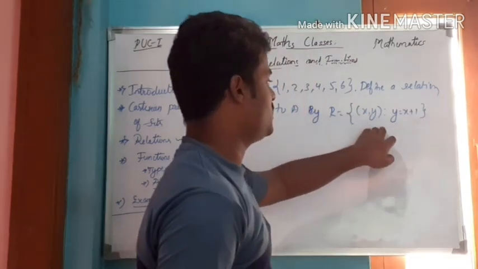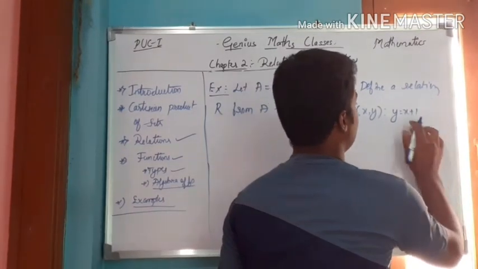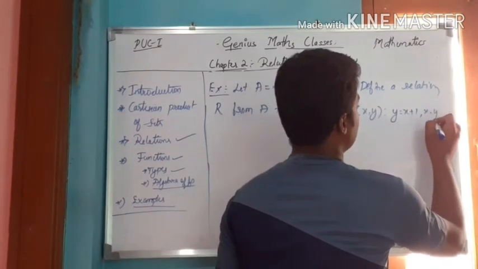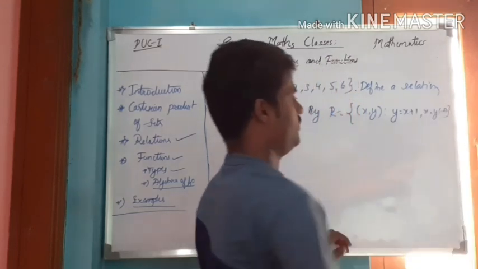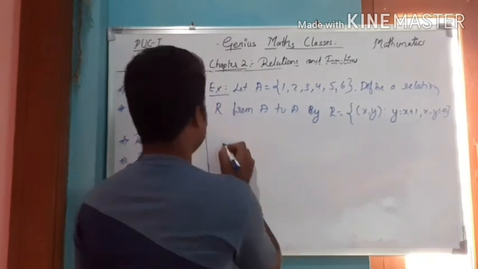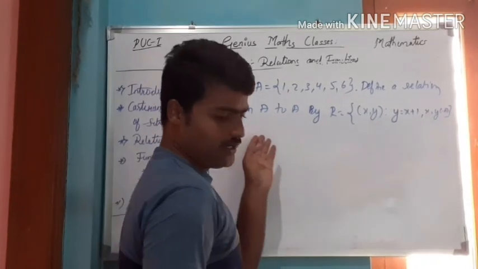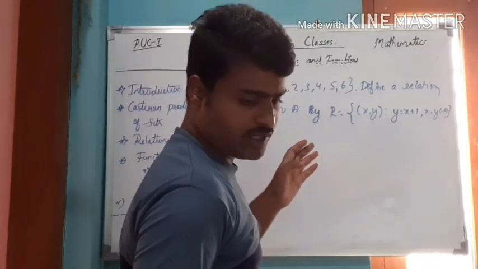I am defining the relation as (x, y) where y equal to x plus 1, for all x, y belonging to A only. This is the relation. In that, I have to calculate. The first one is to depict this relation.